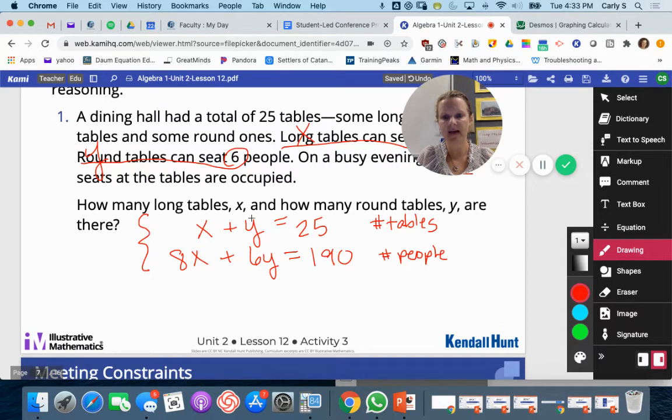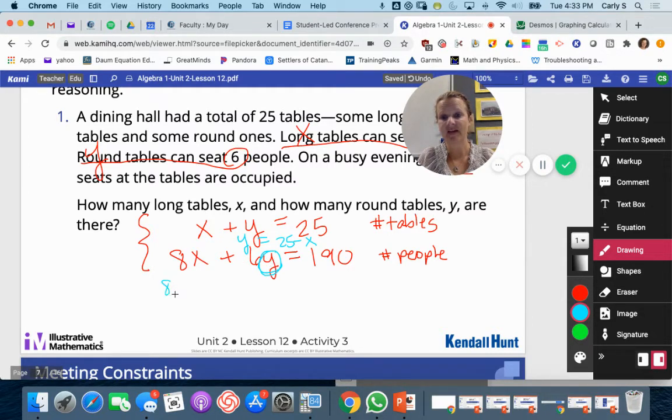I'm going to go ahead and solve one of these equations for one of the variables. Let's subtract x from both sides, and I'm going to have 25 minus x. And then I'm going to substitute that in for the y value here. This is super duper important. Please follow along.